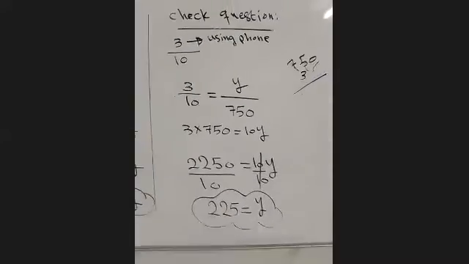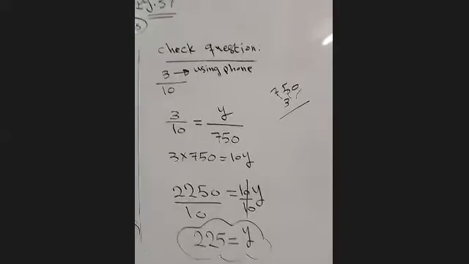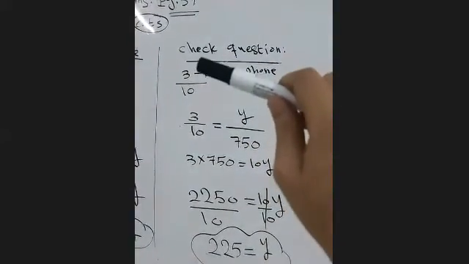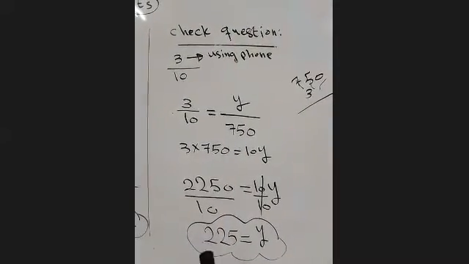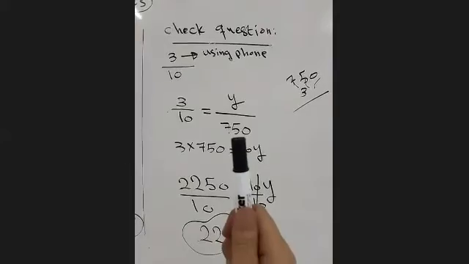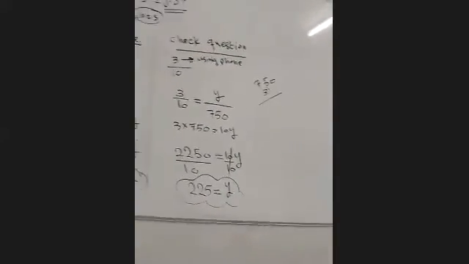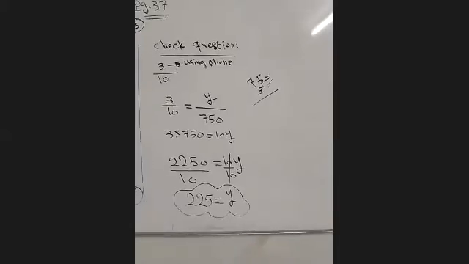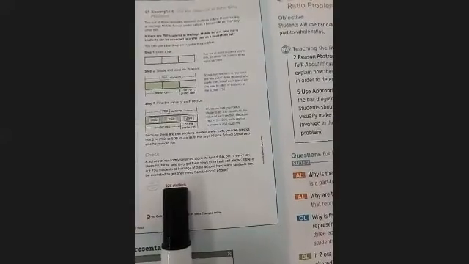Now listen carefully: if 3 out of 10 use the phone, then 225 out of 750 use the phone also. So 225 students is the final answer.